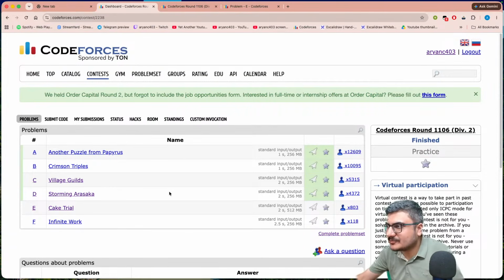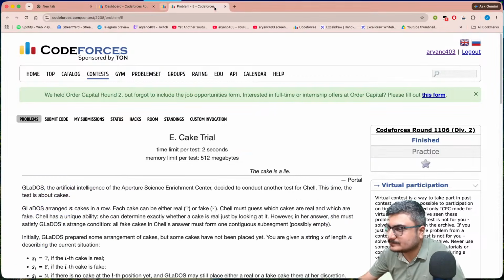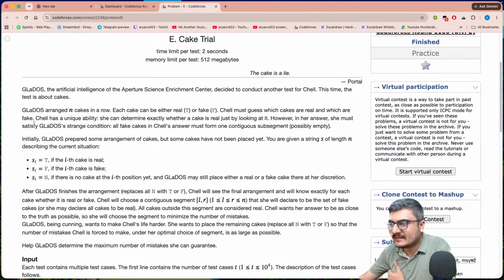And so let's read the problem statement E once. A lot of stories, but it says we have a string S. If S_i is T, then we call the ith cake real. If S_i is F, the ith cake is fake. If S_i is N, then we have not yet decided whether the cake is real or fake.